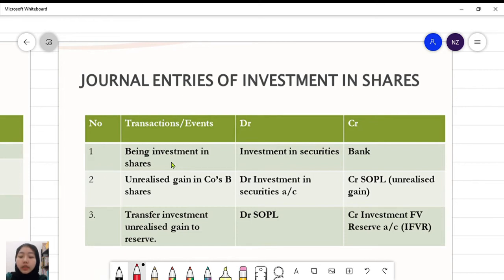The profit or the shares will be managed by the companies that own the shares. We are only the investors, isn't it?